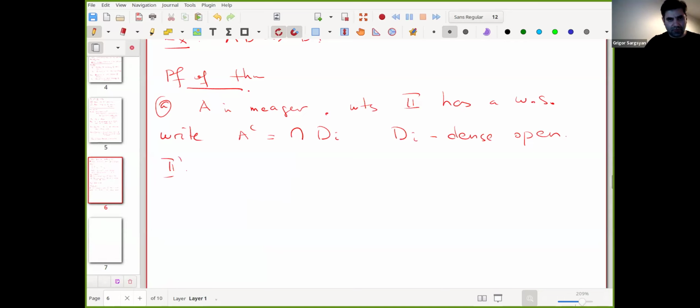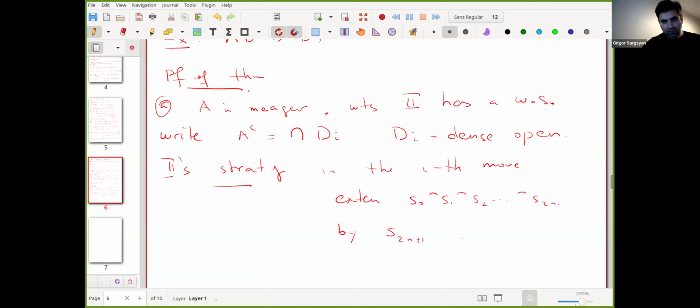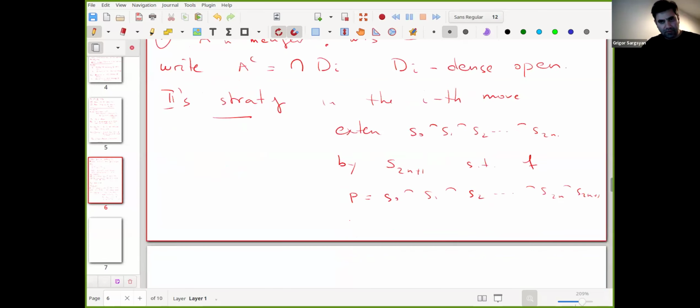So 2's strategy in the ith move: extend S0, S1, S2n by S2n plus 1, such that if you let your finite sequence P be the concatenation of these, then this open set is just a subset of Di.